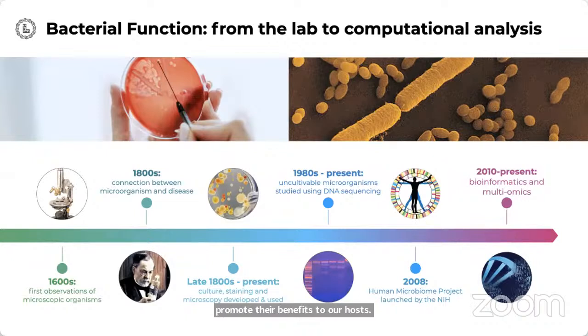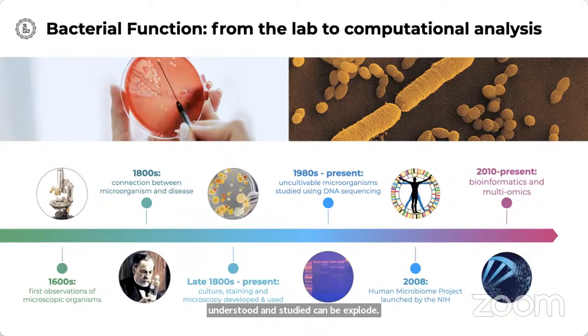So how can we study this multitude of microorganisms that cannot be cultured or identified using traditional methods like staining or culturing? Around the 1970s or 1980s, we identified that these microorganisms, which have not yet been understood and studied, can be explored using advancements in sequencing technologies and other omics technologies.